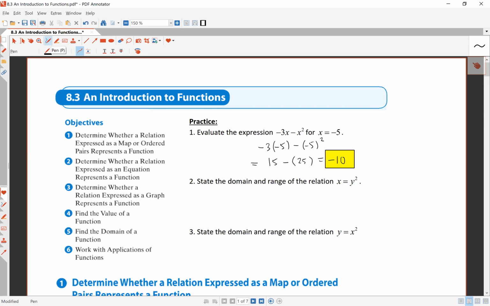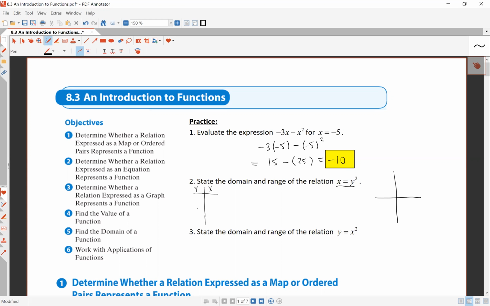Number 2, state the domain and range of the relation x equals y squared. To state the domain and range of this relation, it's easiest if we graph this. Because x equals y squared, let's substitute in some y values and see what their x's are.